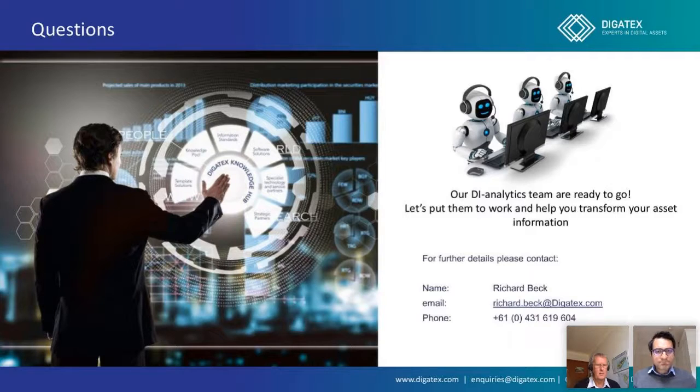Okay, so a number of questions there. All of our infrastructure is sitting in AWS Cloud or Microsoft Azure, depending on what you prefer. And so we can extract data from any format that we've been given to date. So yes, we could extract data from emails. We haven't had too many requests for that.